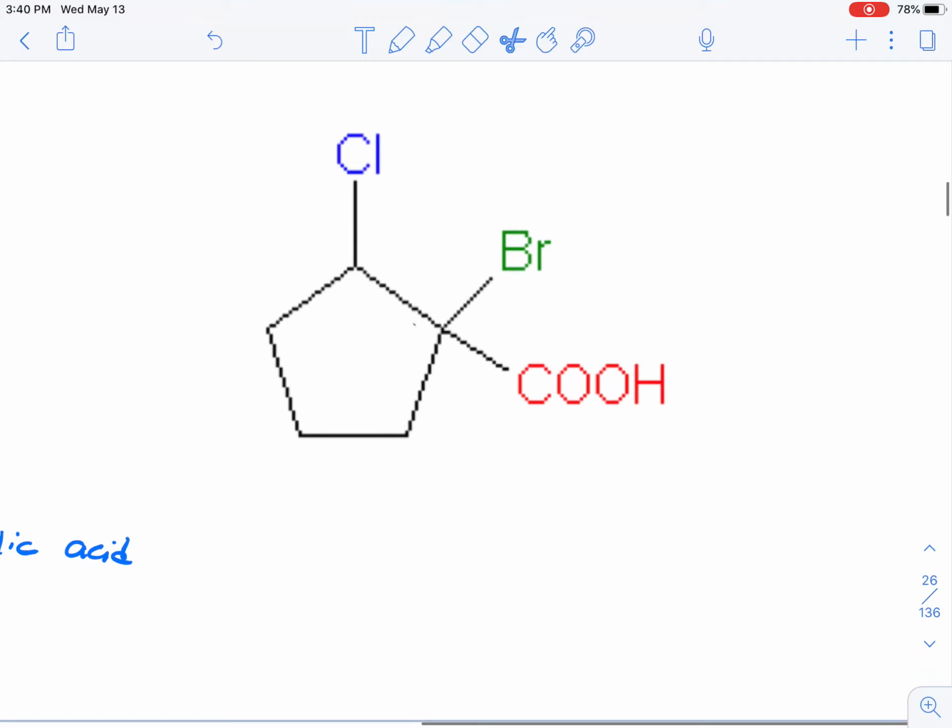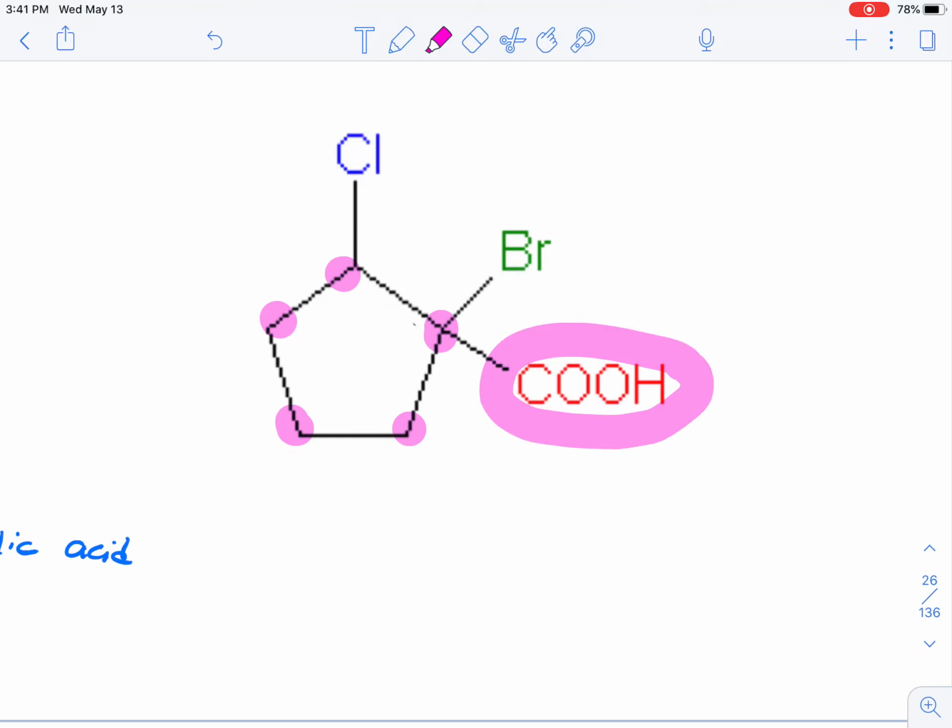All right, so looking at our last example, we have this cyclic ring, this cyclic alkene. Counting the number of carbons, we have 1, 2, 3, 4, 5. So this is our carboxylic acid, COOH.